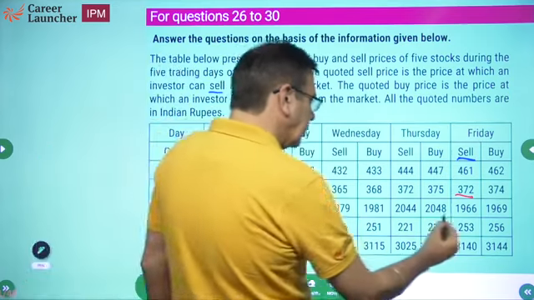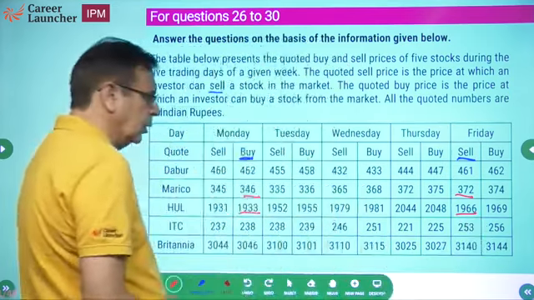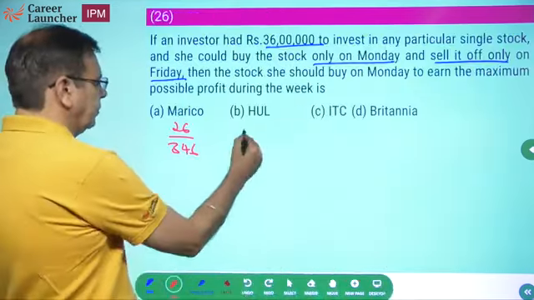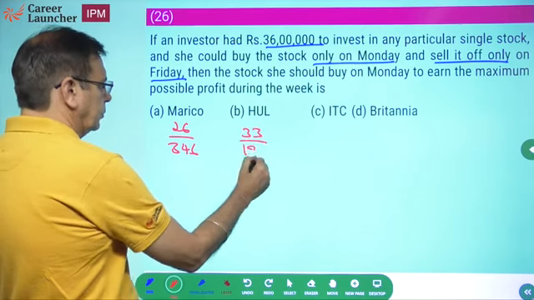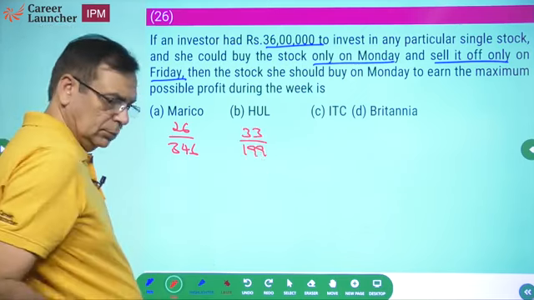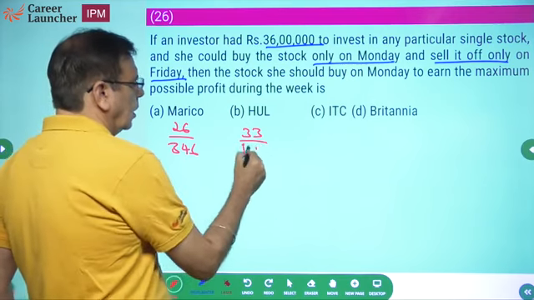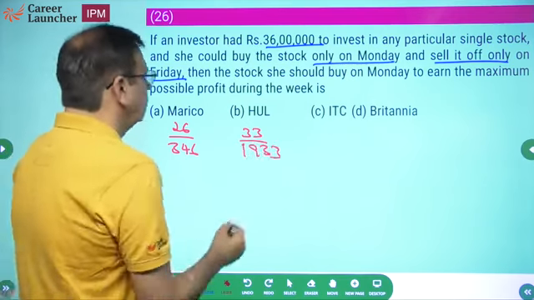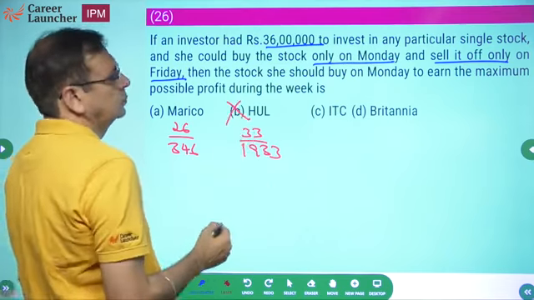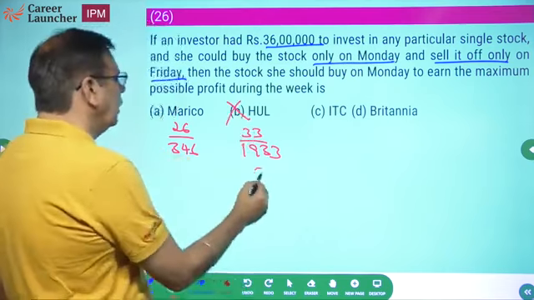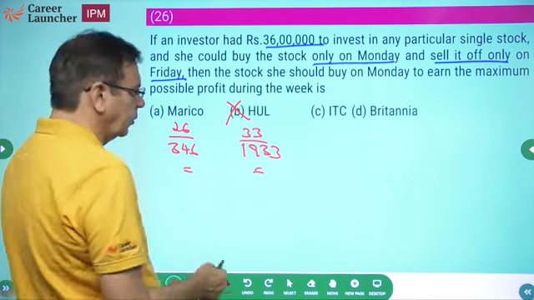Purchase at 1933, sell at 1966. So 33 on 1933. Cannot be the answer. This is going to be lower percentage than this, so this cannot be the answer.